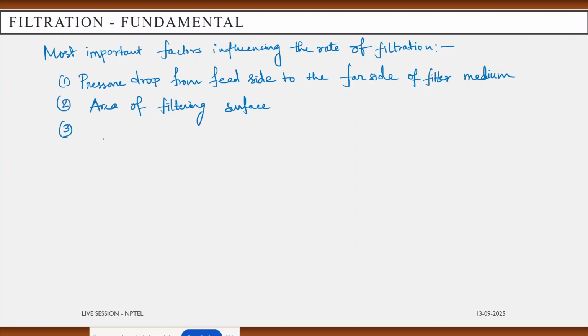The third one is the viscosity of the filtrate that you are handling. Fourth is the resistance of the filter cake. It is very important.